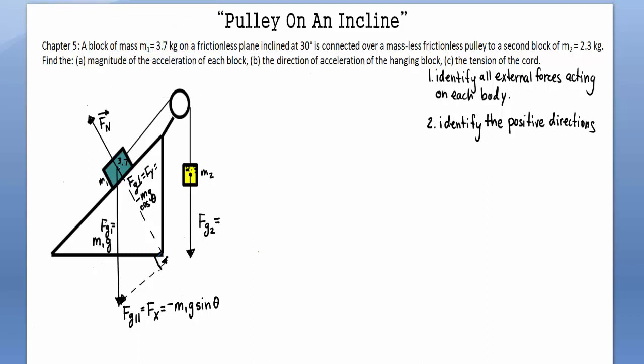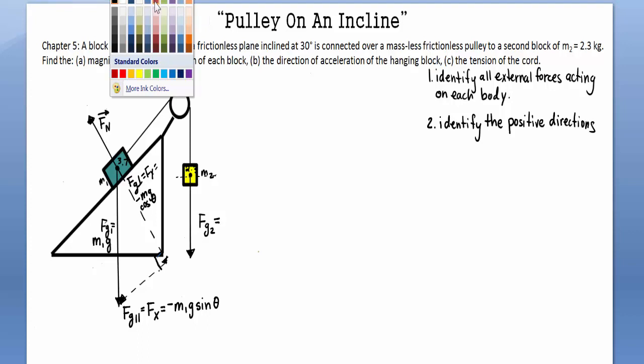So the positive direction, with this being the center of mass, would be going up, forward. Anything after that center of mass that goes below, its direction would be negative.